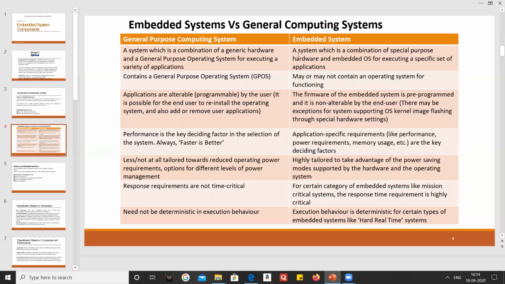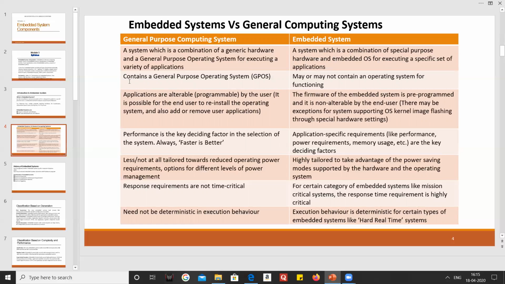An embedded system is a combination of special purpose hardware and an embedded operating system. Means it has got special hardware. It is not general hardware, it is special purpose hardware, and even the operating system is meant for embedded systems. So this we will see in the fifth module in detail, how the operating systems are built for embedded systems.